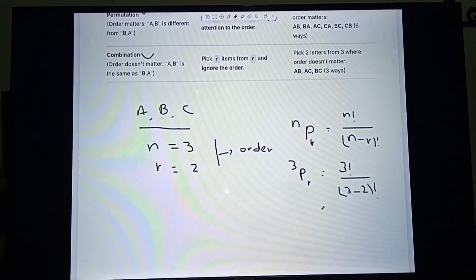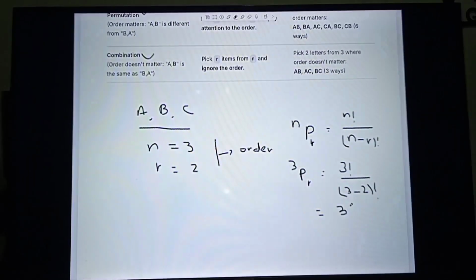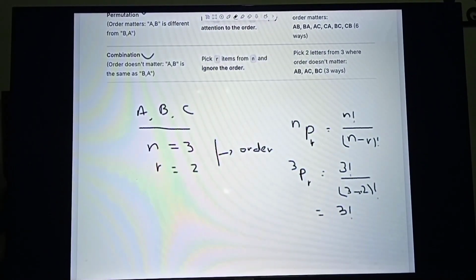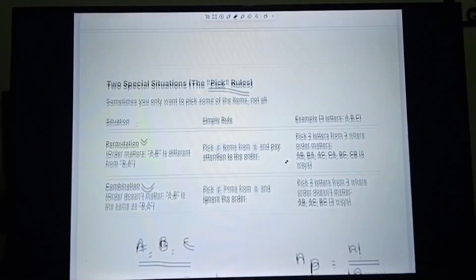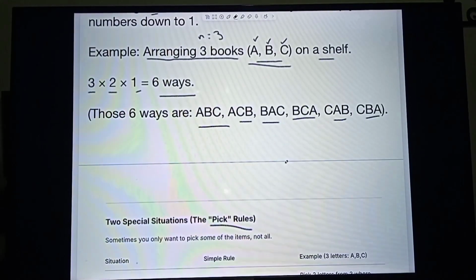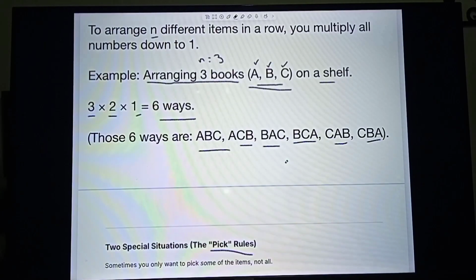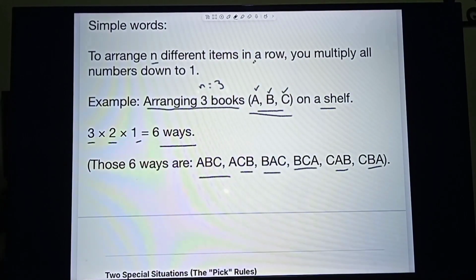So the resultant value will be 3 factorial, because 3 minus 2 gives us 1 and 1 factorial is 1. So how to open this 3 factorial? Here is the opening formula.